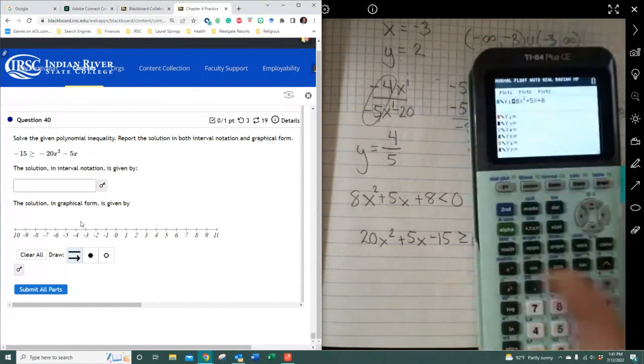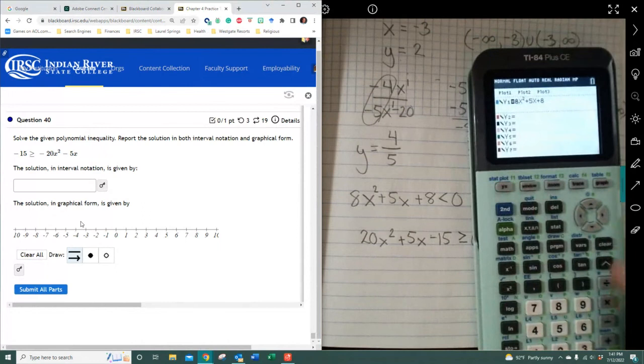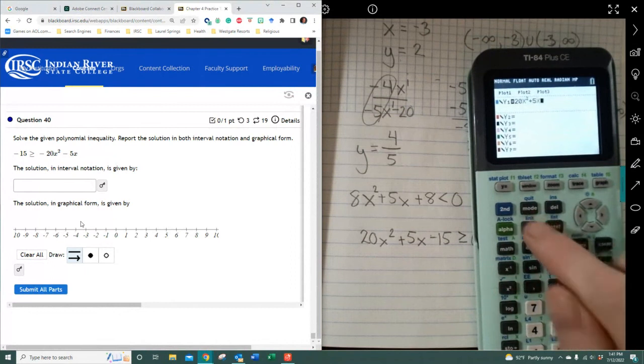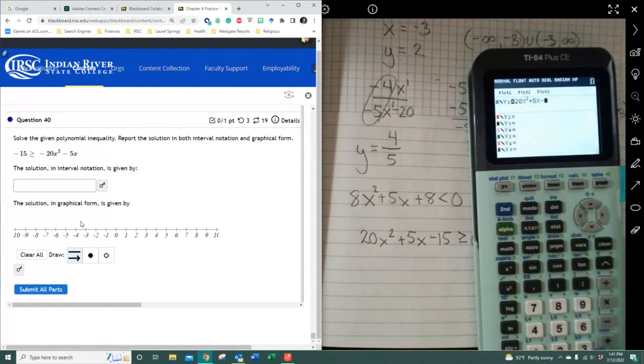So I'm going to punch it in my graphing calculator, and then I'm going to graph it. And I'm asking, where is this graph above or equal to the x-axis?